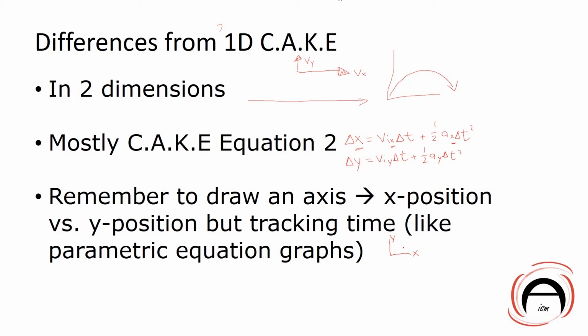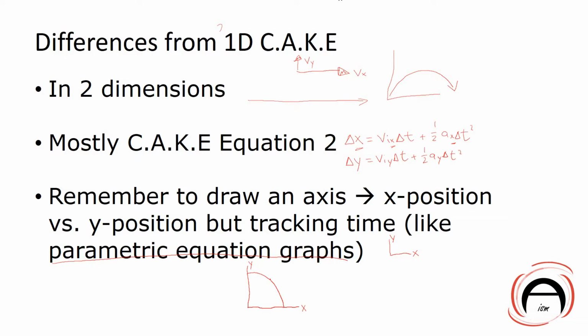So right here I said like parametric equation graphs. If you haven't done parametric equations, what that basically is you're going to have some sort of graph right here. Like for projectile motion problems, most of them are going to be parabolas, so it's going to look like this, right? And on the x-axis, you're going to have distance in the x direction and position in the y direction.